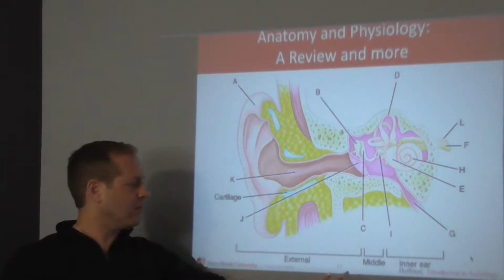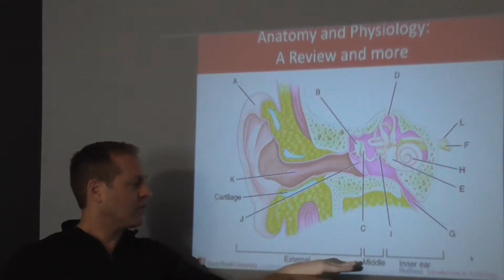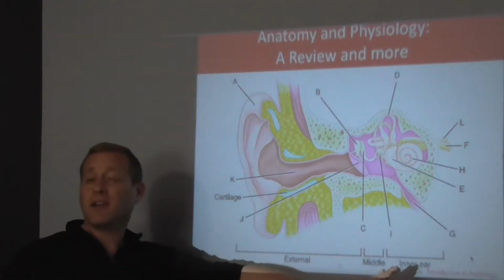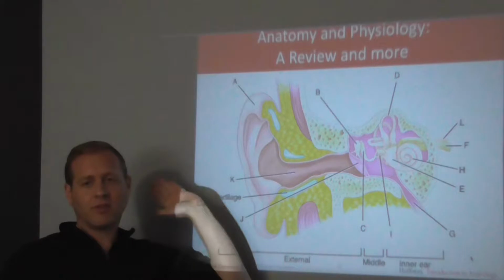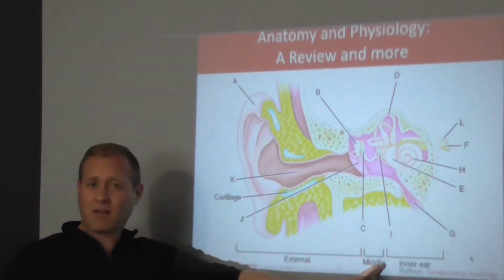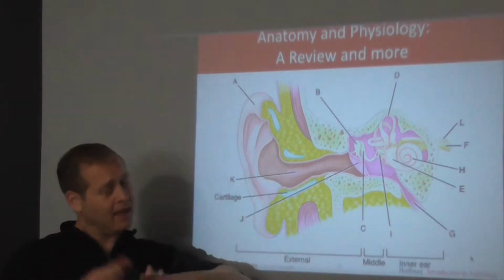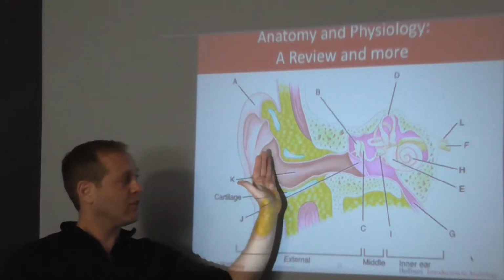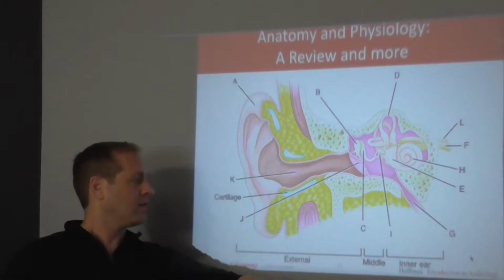Some people get confused between external, middle and inner ear, I should say. External is pretty clear, that's the outermost portion, but some people think the middle of the ear is the middle of the body. It's not. We go from external to middle to inner, okay?